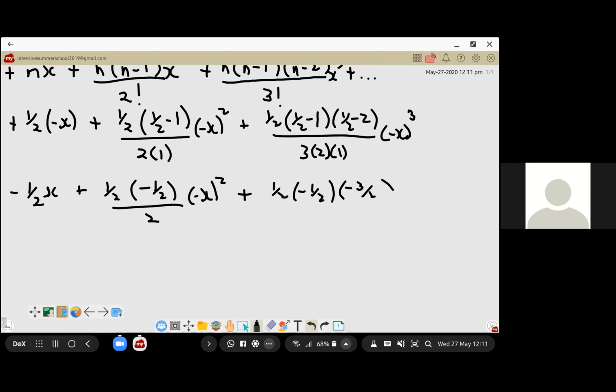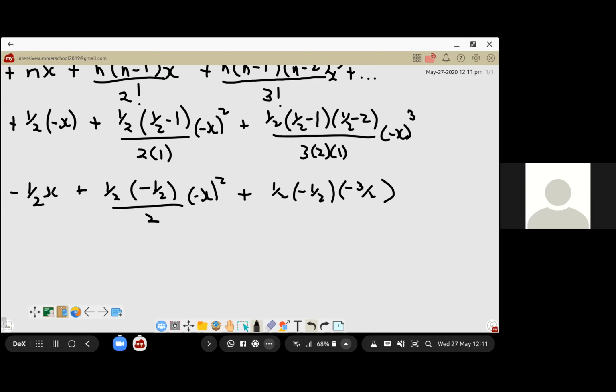By now you should be able to know that half minus 1 is negative half, half minus 2 is negative 3 over 2, half minus 3 is negative 5 over 2, half minus 4 is negative 7 over 2, then keep going. Are you there? Yes, sir. So practice. Normally I'm going to use half or maybe 1 over 3. So practice so that the next time you see it, you are not going to hit it into your calculator and you know what half minus 1 is.